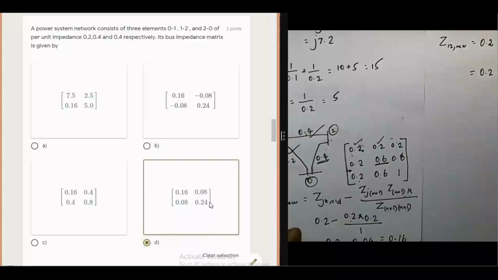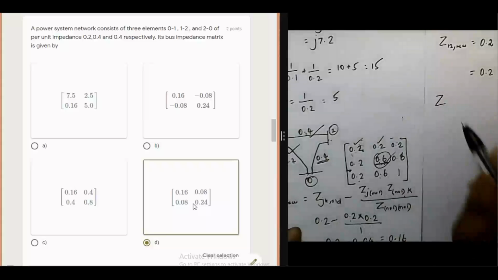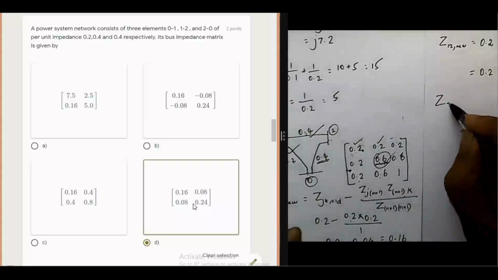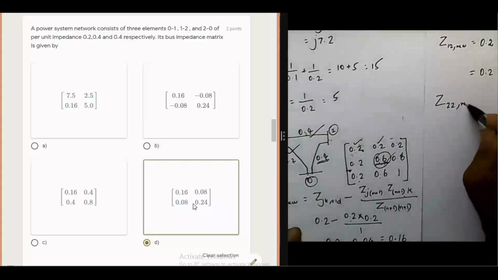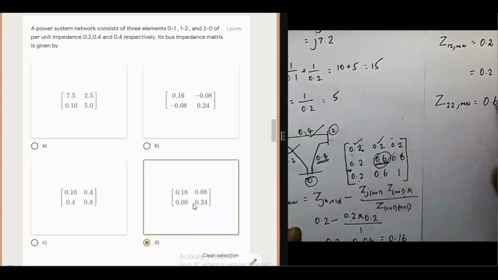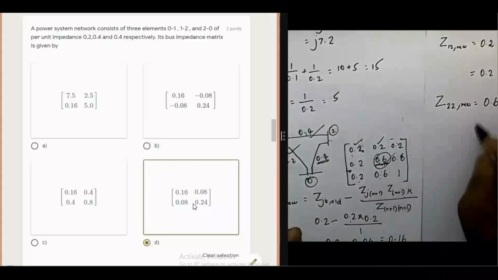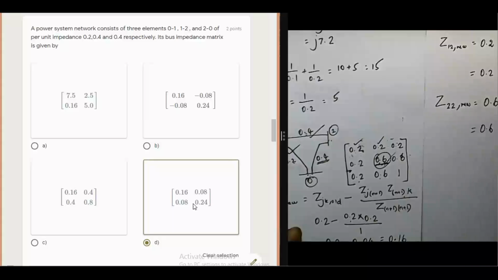Also I check one more value. Z22 new is equal to the old value 0.6 minus 0.6 into 0.6 divided by 1, that is 0.6 minus 0.36.